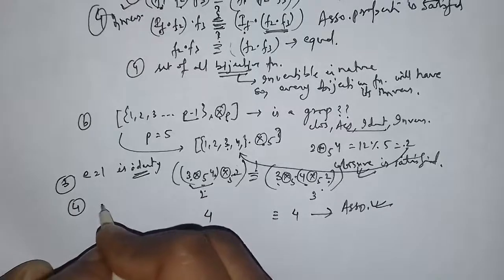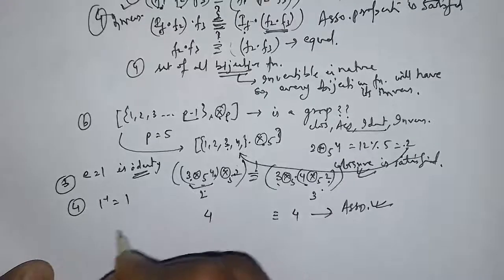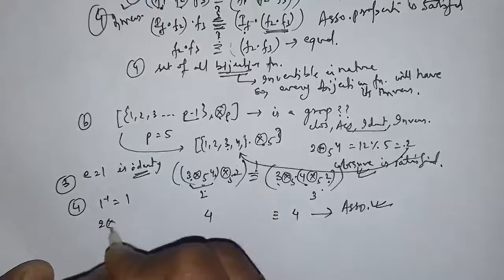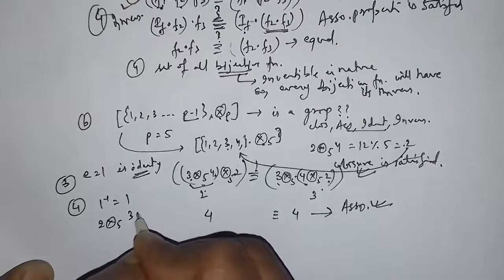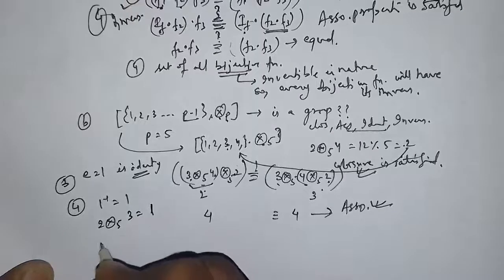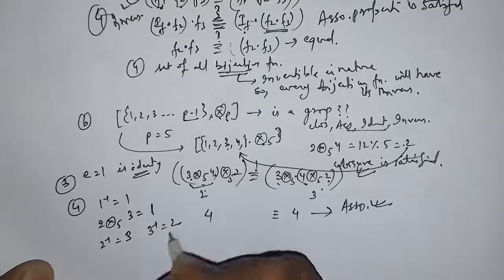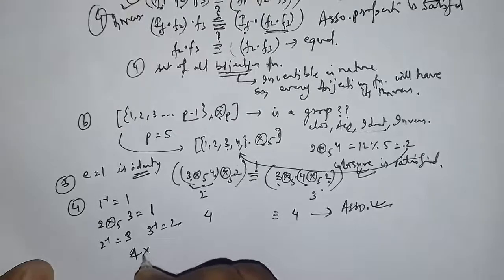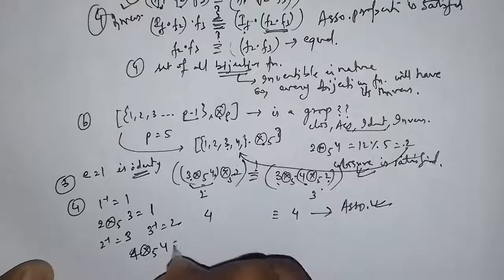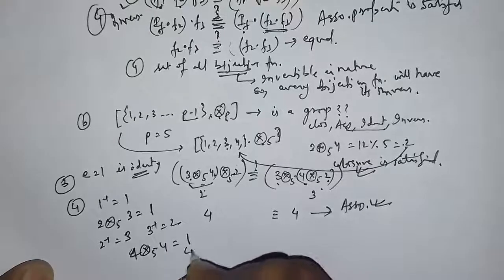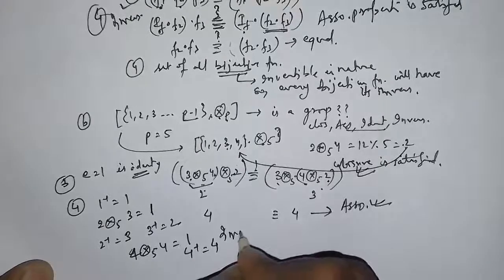See, identity element is inverse of itself, so inverse of 1 is 1. 2 multiplication modulo 5 and 3 is equal to 1, so 2 inverse is equal to 3 and 3 inverse is equal to 2. 4 multiplication modulo 5 into 4 is equal to 1, so 4 is inverse of itself, hence inverse property is also satisfied.